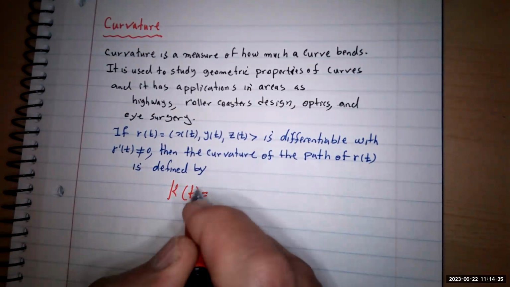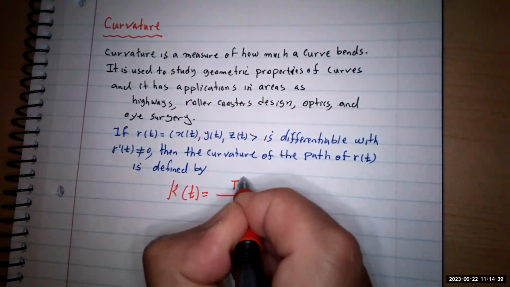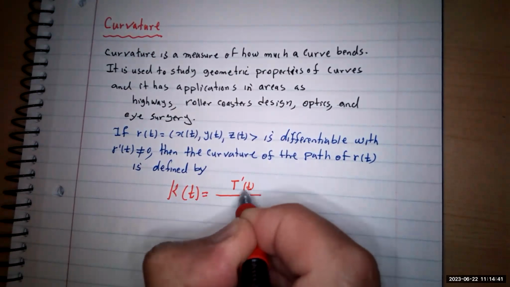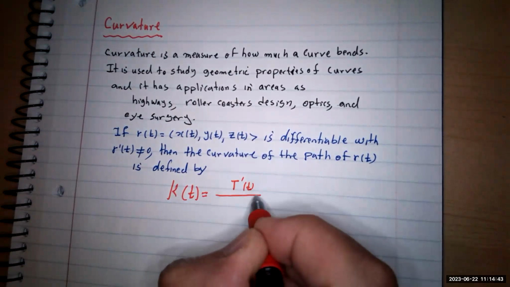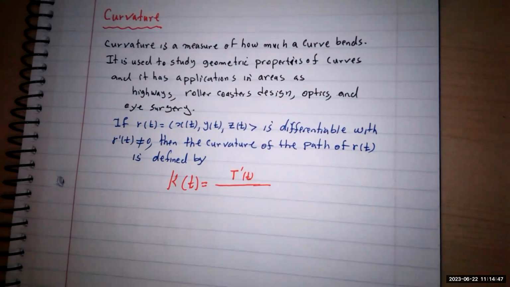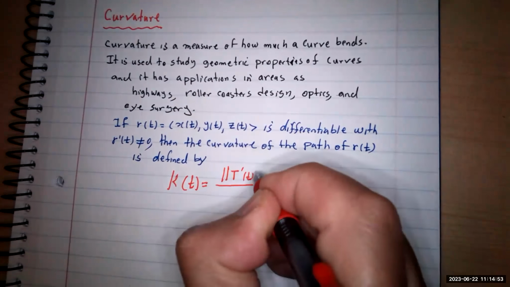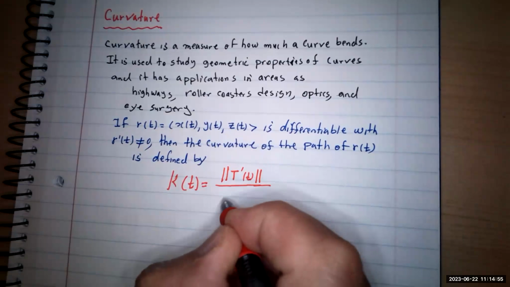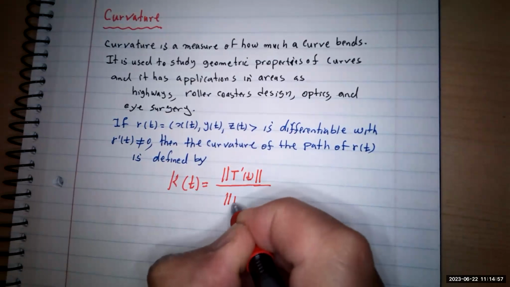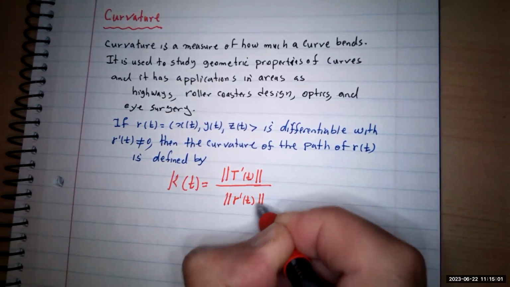It is, remember the unit tangent vector, T prime of t, where T of t is the unit tangent vector, the tangent vector which you normalize. You differentiate it, then you get the norm, and you divide it by the norm of r prime of t.